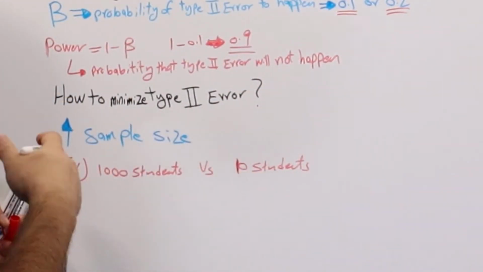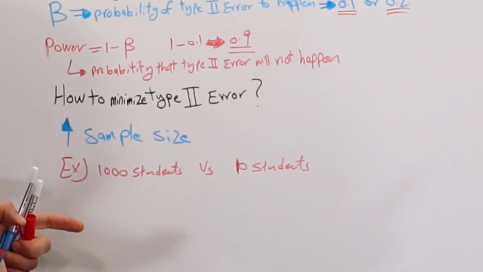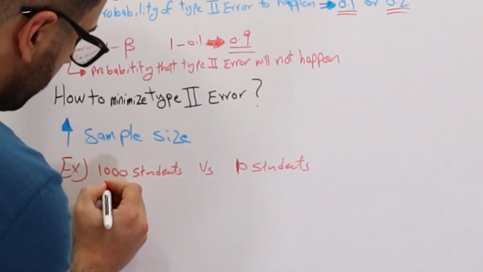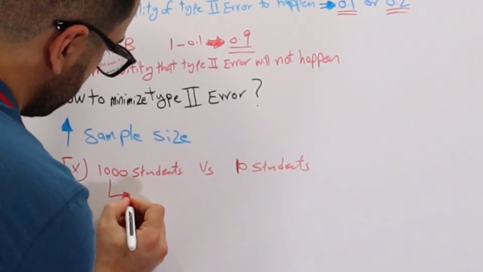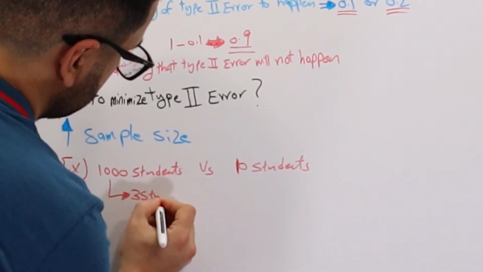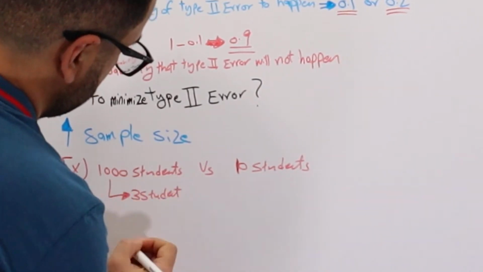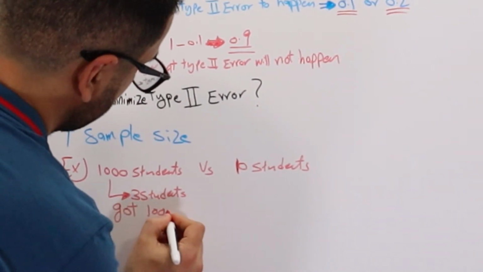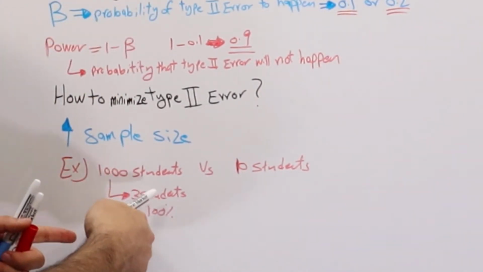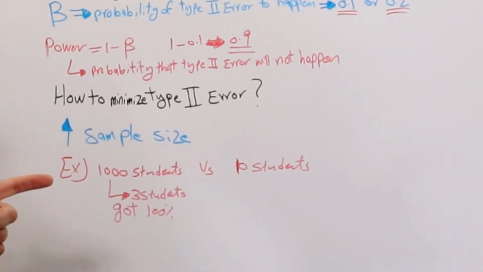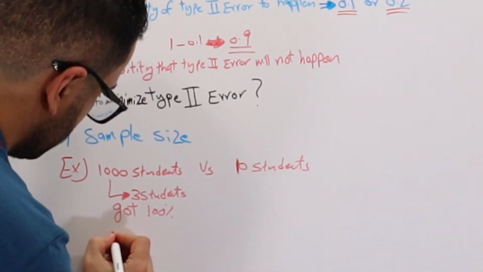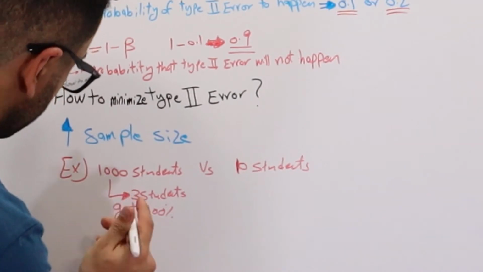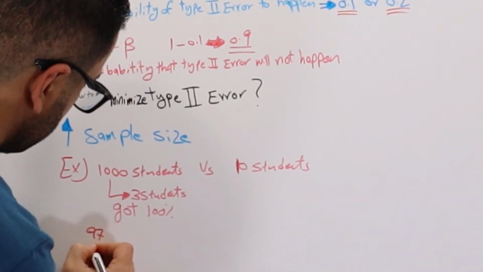And the professor gave an exam, and on the examination, we had 3 people in this study, so 3 students got 100% on the exam. So 3 students got 100%, and the rest got between 60 and 70, so 97%.